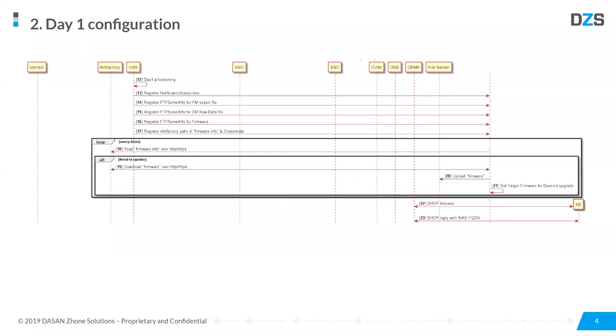So when the flow switch is plugged in and turned on, it starts to send the DHCP request to receive the IP.